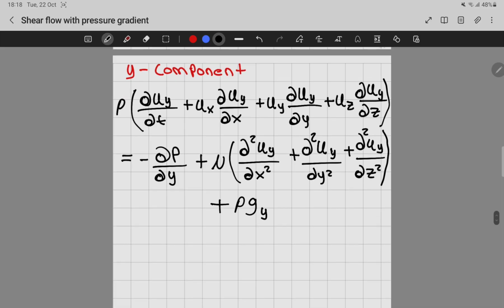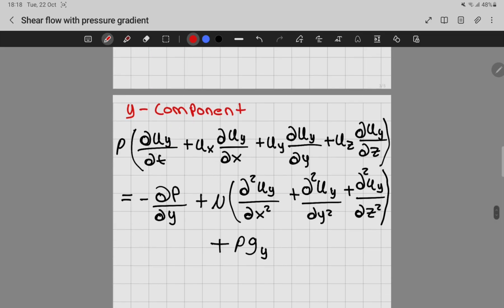Now let's simplify the equation in y direction. We do not care about the temporal term, but also uy is 0, because remember, our velocity field is going to be given by this vector field.